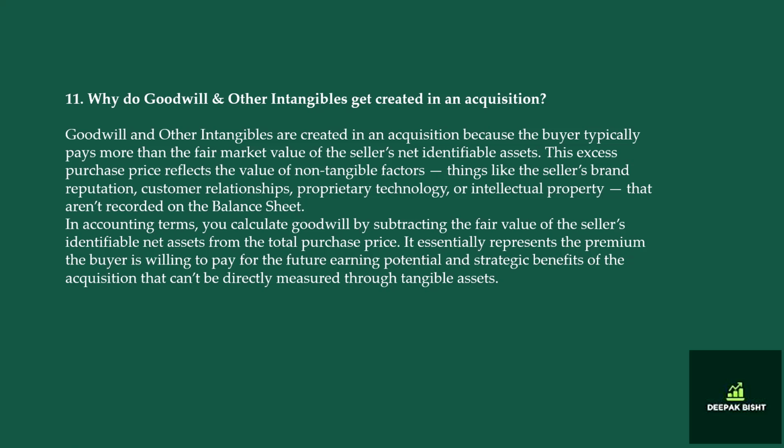Other intangible assets are identifiable intangible items that can be measured and valued separately from goodwill, such as patents, trademarks, copyrights, customer contracts or databases, and proprietary technology. These assets are capitalized on the balance sheet and, unlike goodwill, are amortized over their useful life.